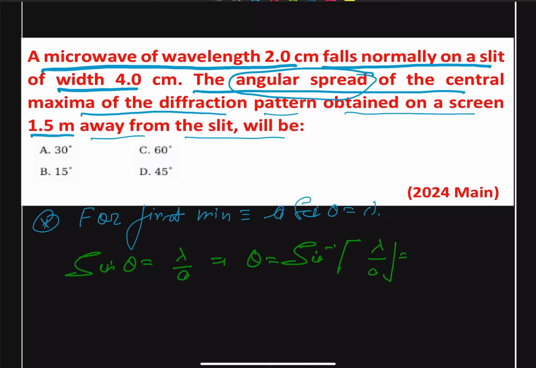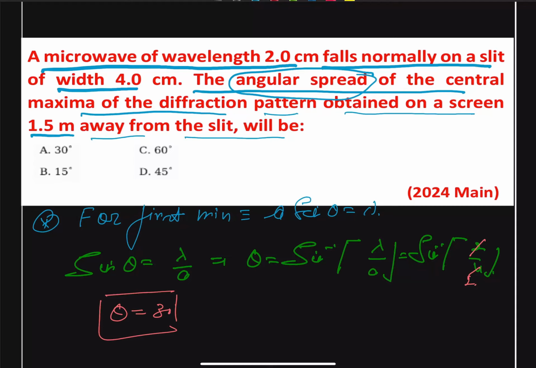Lambda is given to us as 2 cm and width is given to us as 4 cm. So this becomes sine inverse of 2 by 4, which gives us 1 by 2. Therefore theta is equal to 30 degree, but we need to find out the angular spread.